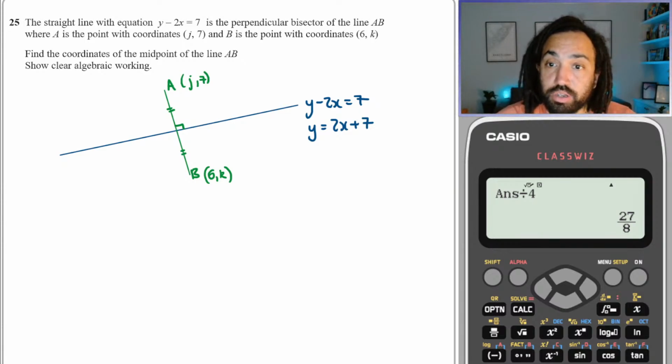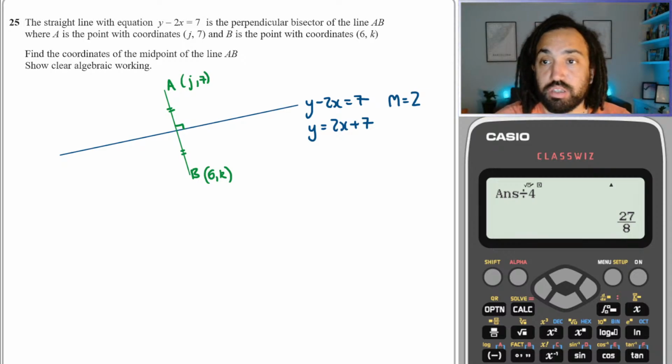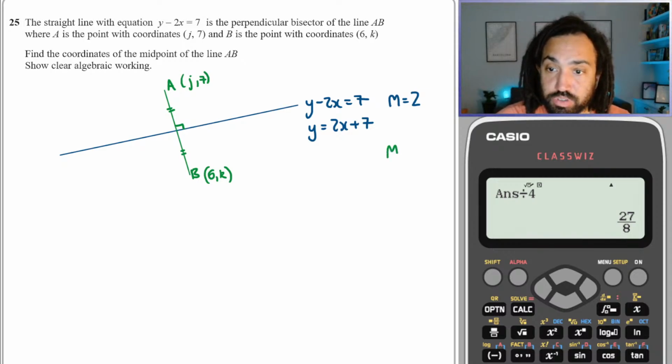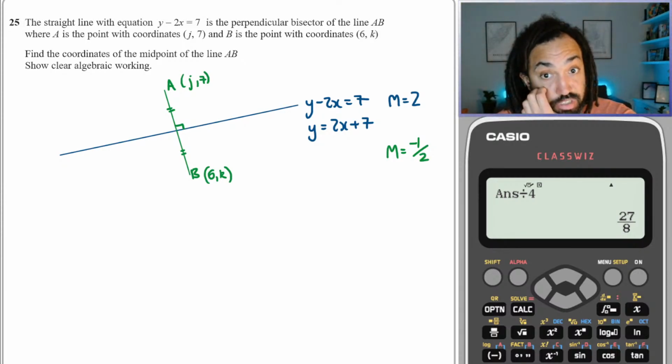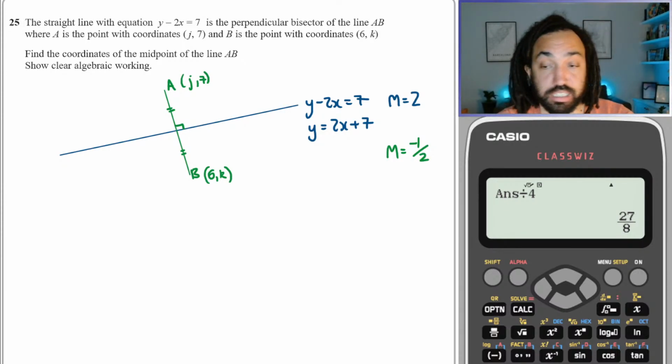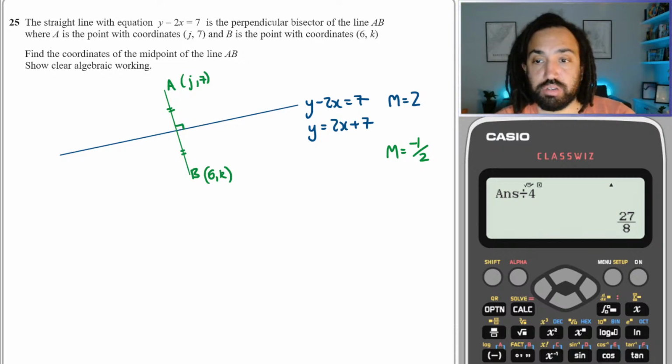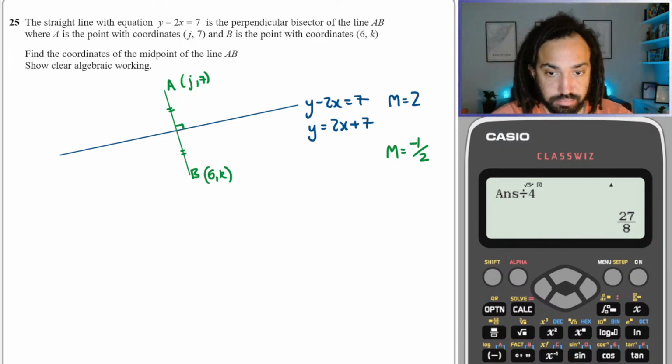Find the coordinates of the midpoint of the line AB. Right. So what do we know? We know the gradient of the blue line, don't we? We know the gradient of the blue line is 2, which means the gradient of the green line is minus a half, because it's the negative reciprocal, because it is perpendicular. So we know the gradient of the green line. Okay, great.